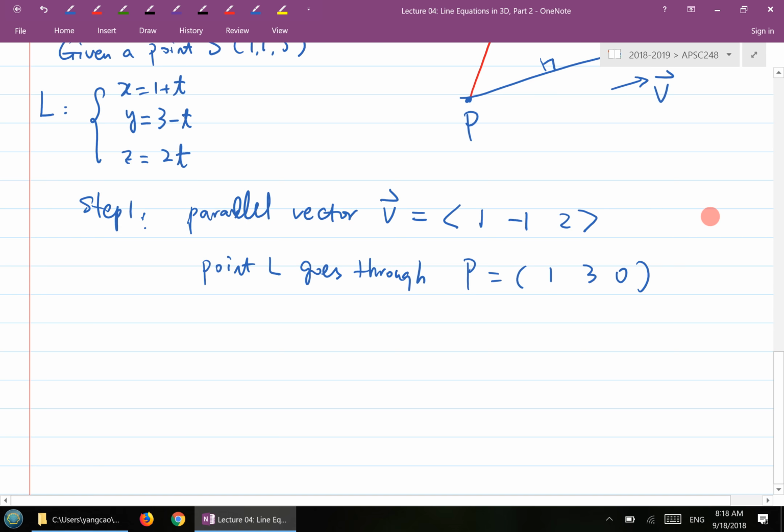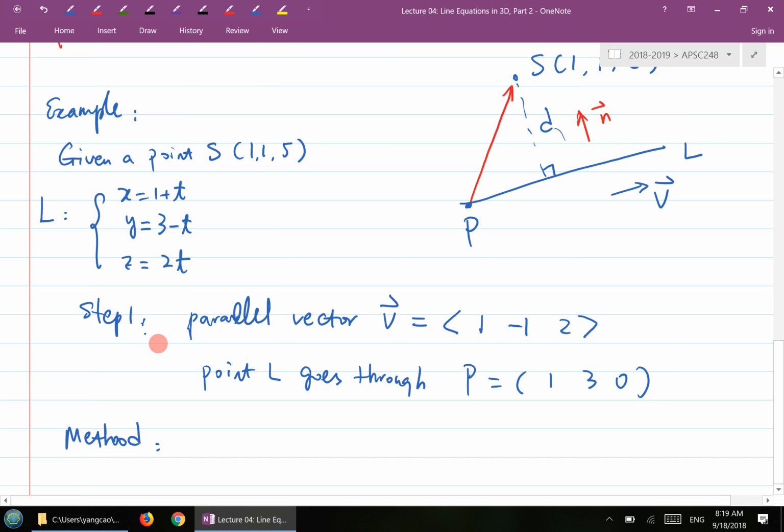So let's look at the first method here. I'll present this method. Actually, this is one of the students' methods, so I'll present his approach.